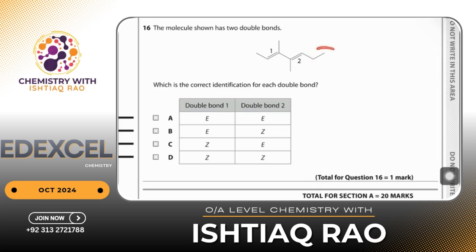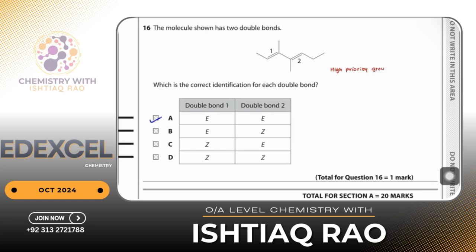The higher priority groups are present on opposite sides, isn't it? So again, it's trans, so it's going to be A. How can I define it?